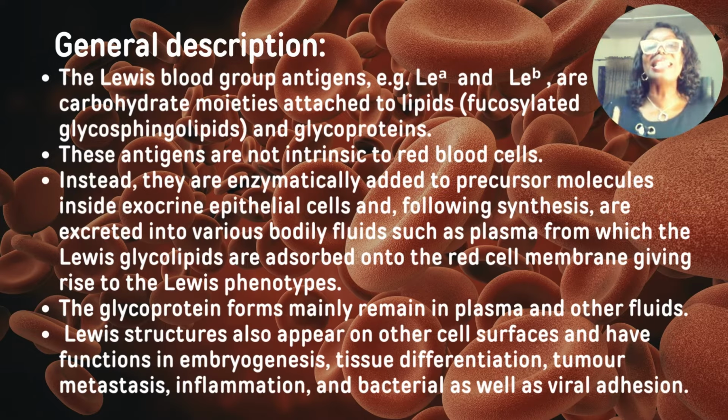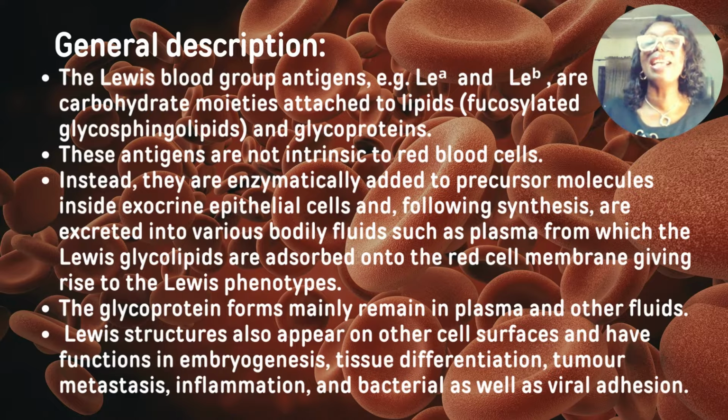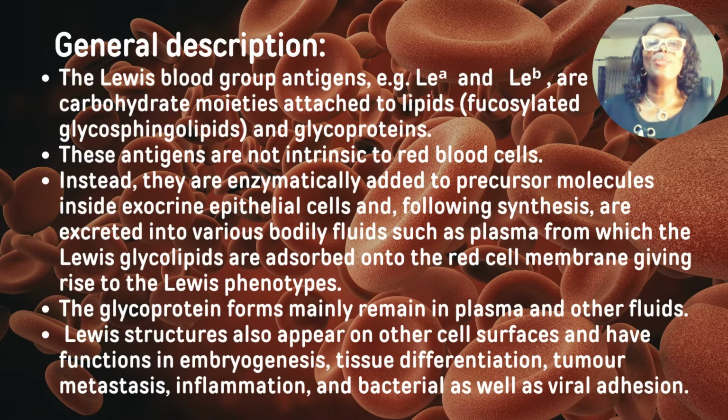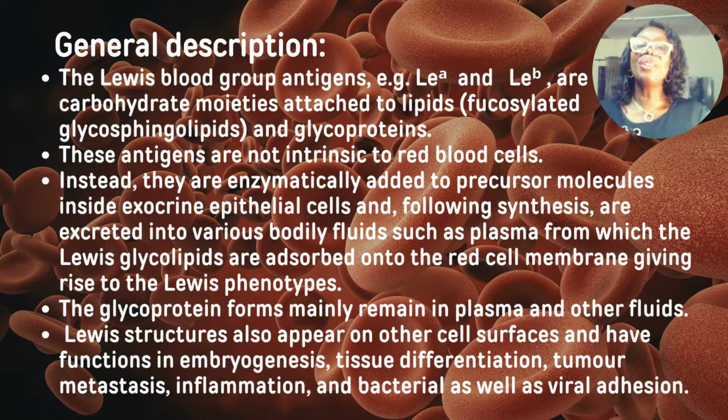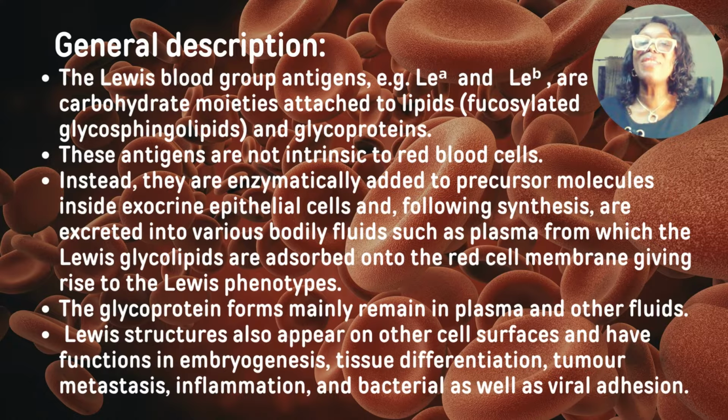Instead, they are enzymatically added to precursor molecules inside the exocrine epithelial cells, and following synthesis are excreted into various body fluids such as plasma, from which the glycolipids are absorbed onto the red blood cell membrane, giving rise to the Lewis phenotype.